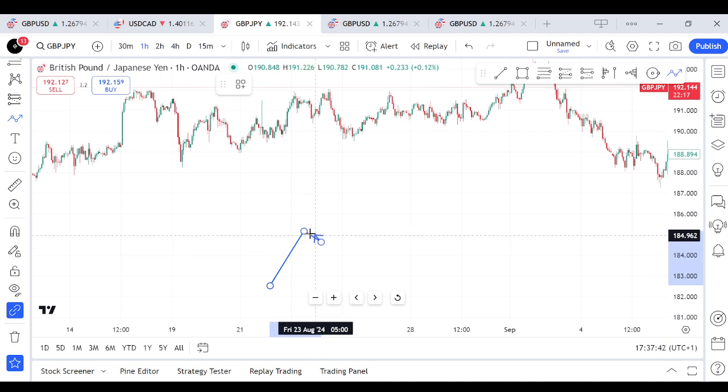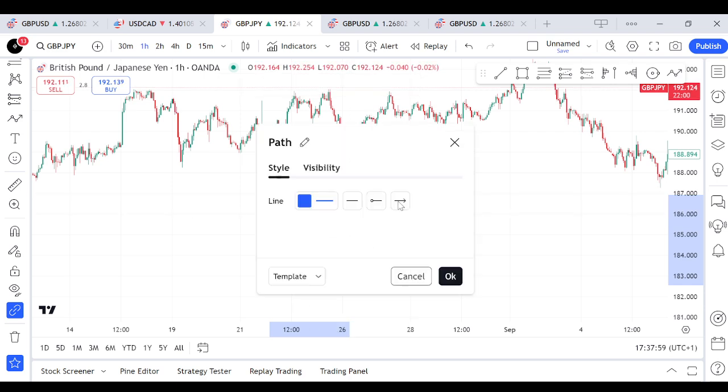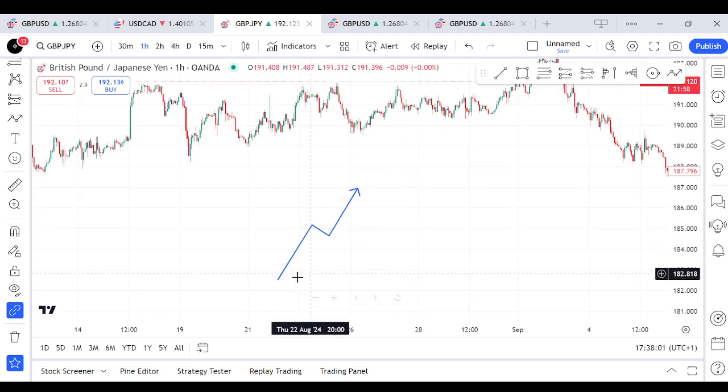This correction is called the base, and it consists of about 5 to 15 candles depending on the time frame you are on. Finally you have the last push to the upside, and it's called the rally base rally. So you have the first rally, the base, and then the second rally.